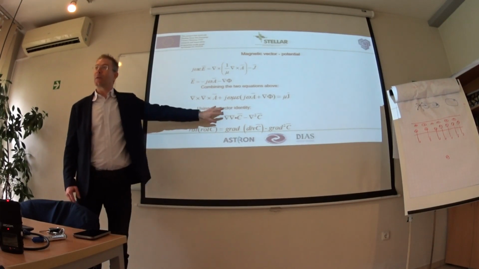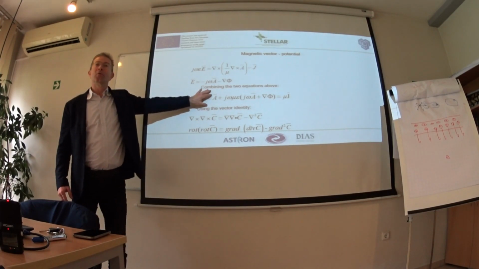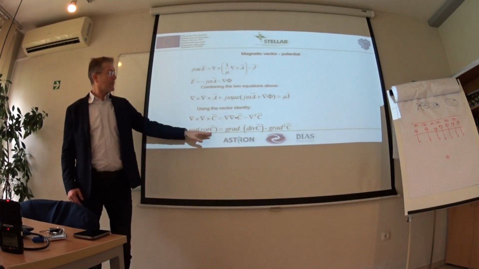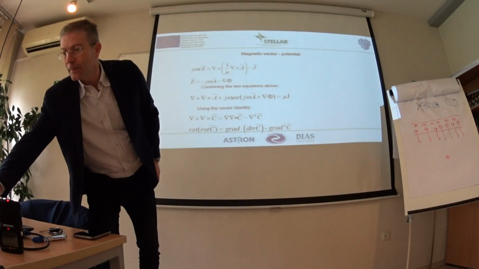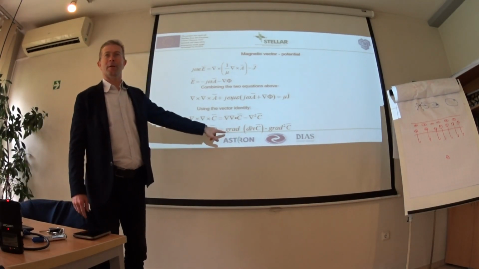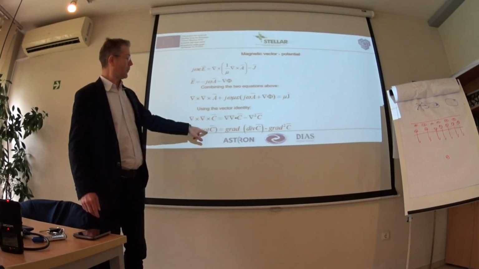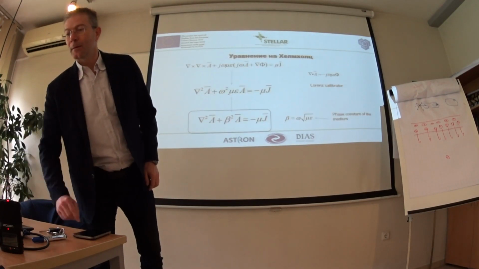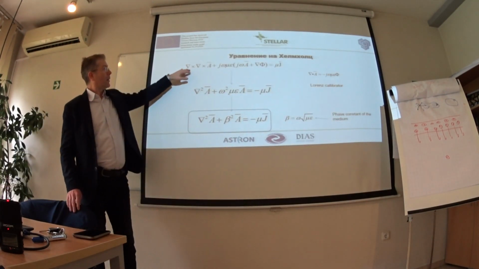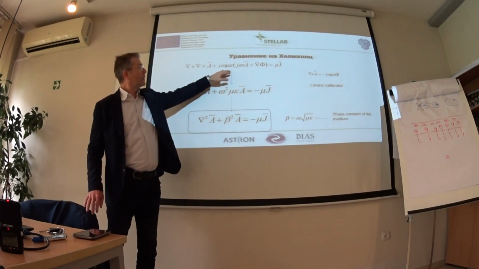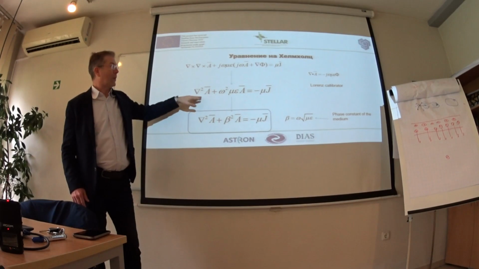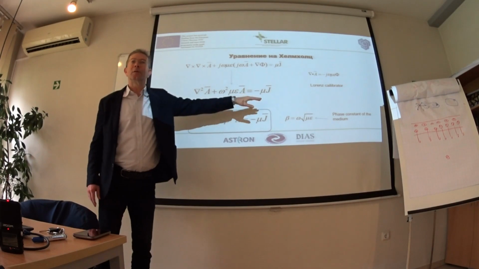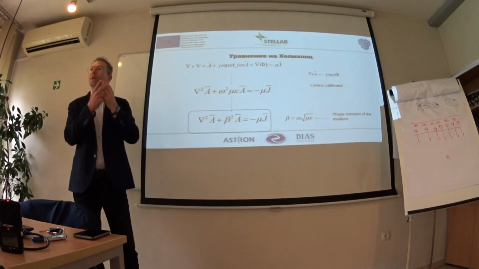And applying this vector identity to our equation that we derived so far, in more intelligible language, rotation of C equals gradient divergence of C minus gradient squared of C. Applying this identity to that, we get to this more simply looking equation.